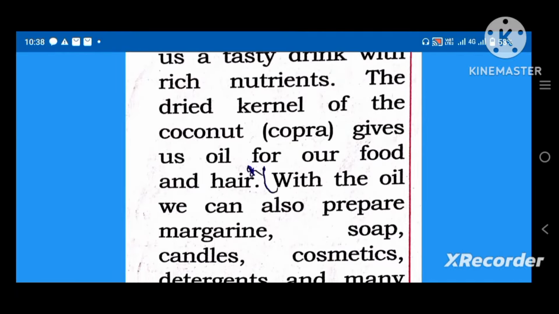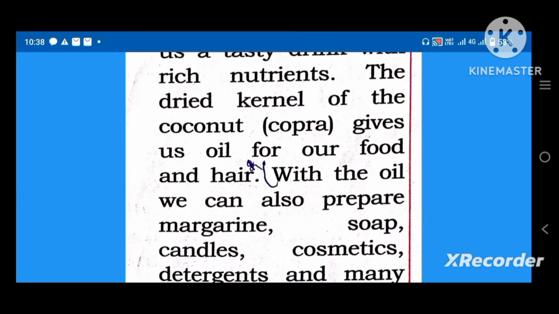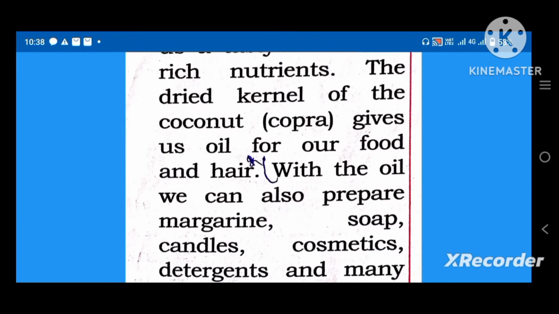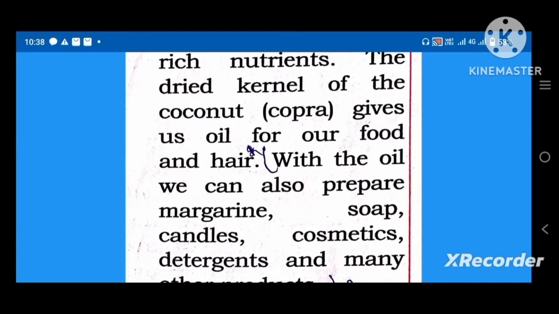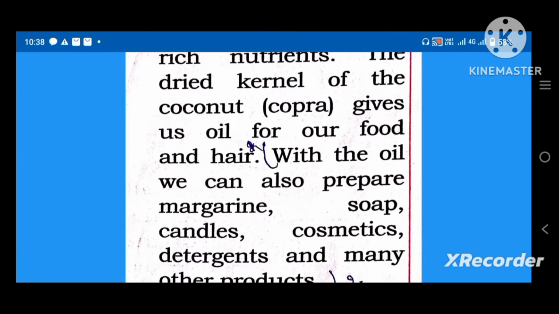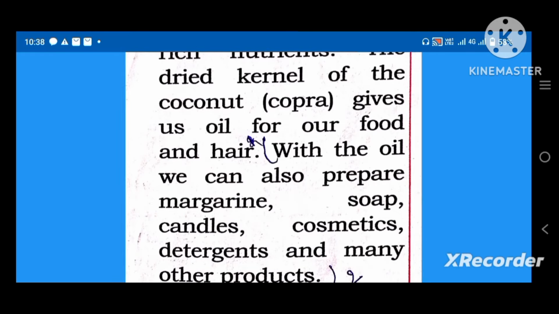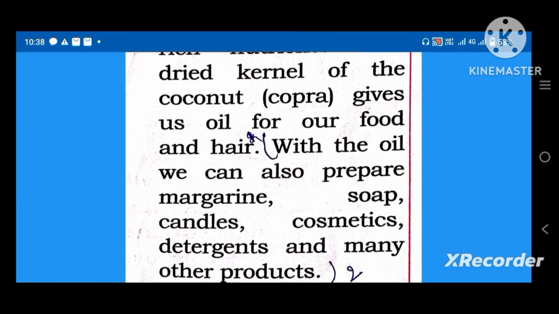The dried kernel of the coconut, copra, gives us oil for our food and hair. With the oil, we can also prepare margarine, soap, candles, cosmetics, detergents, and many other products.